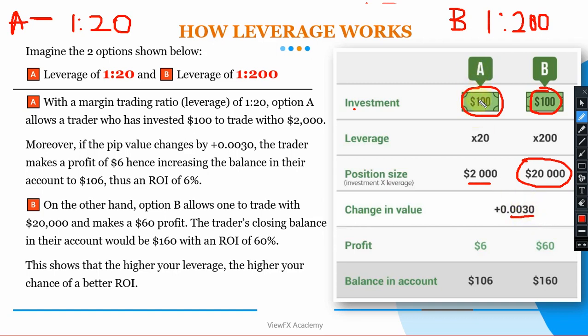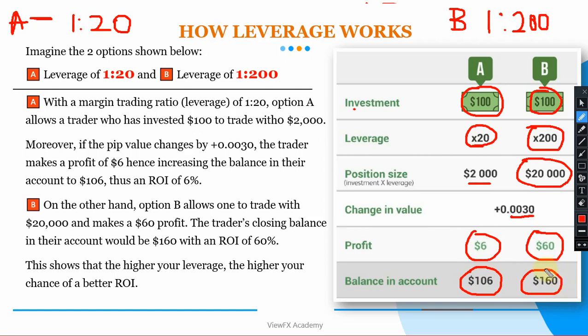Trader A, because of this 1 to 20 leverage, will be making a profit of $6. While Trader B, because of this leverage of 1 to 200, will be making a profit of $60. So when they close the trade both at the same time, Trader A is going to have a balance of 106, while Trader B is going to have a balance of 160.